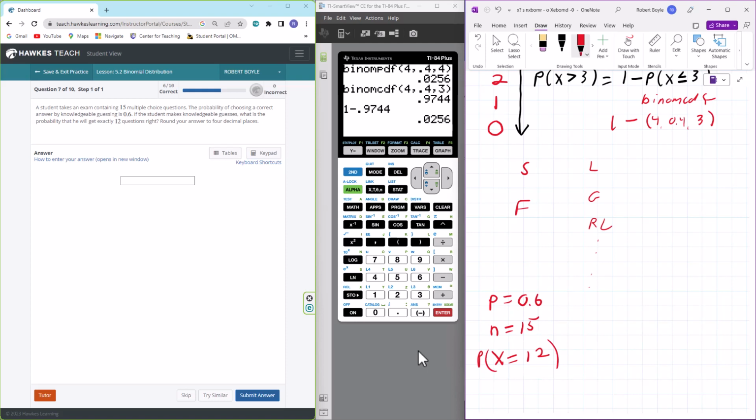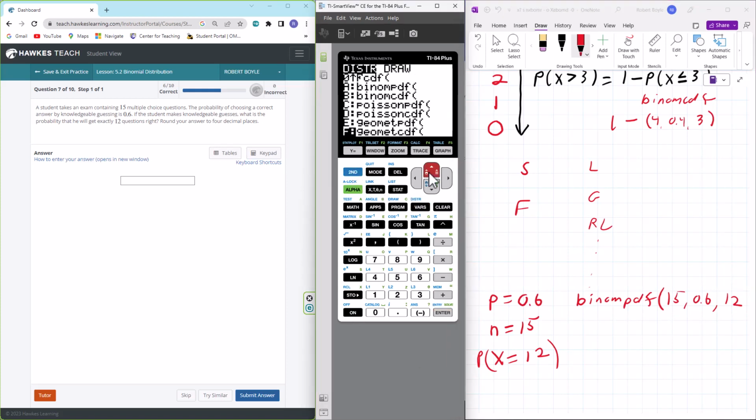Okay, so here we're going to use binomial PDF, where n is equal to 15, p is equal to 0.6, and x is equal to 12. So second distribution, go to binomial PDF, hit enter. Okay, we have 15 trials, p is 0.6, and we want to know the probability of x being equal to 12.